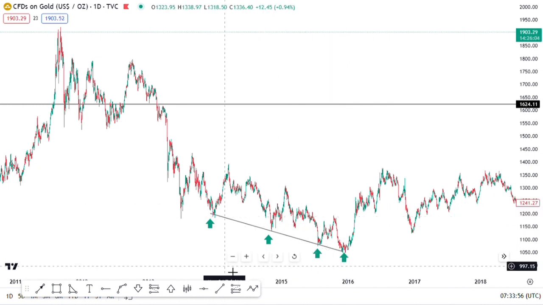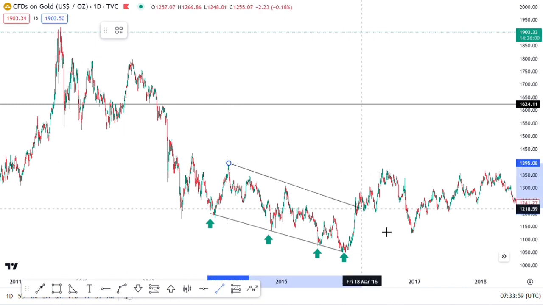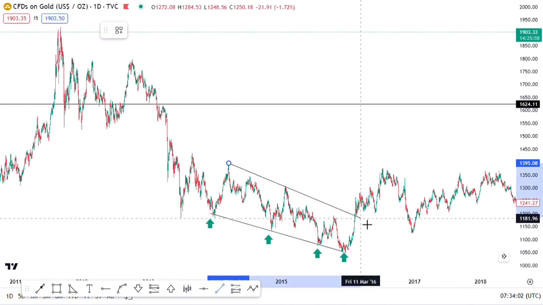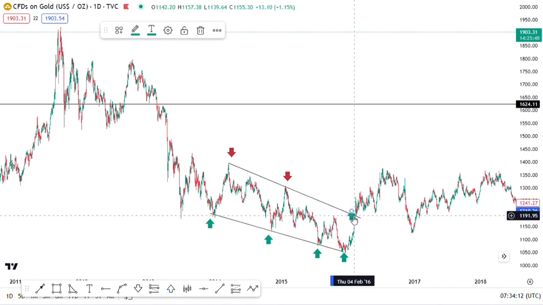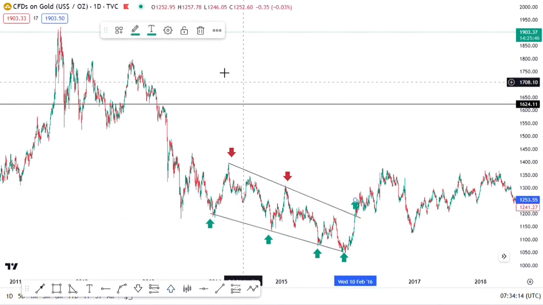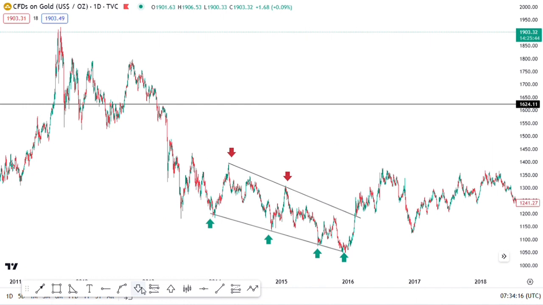This is our supporting trend line, and we have our resisting trend line right there. First, second, and then on the third touch it gave us a breakout, and then the market pushed towards the upside.